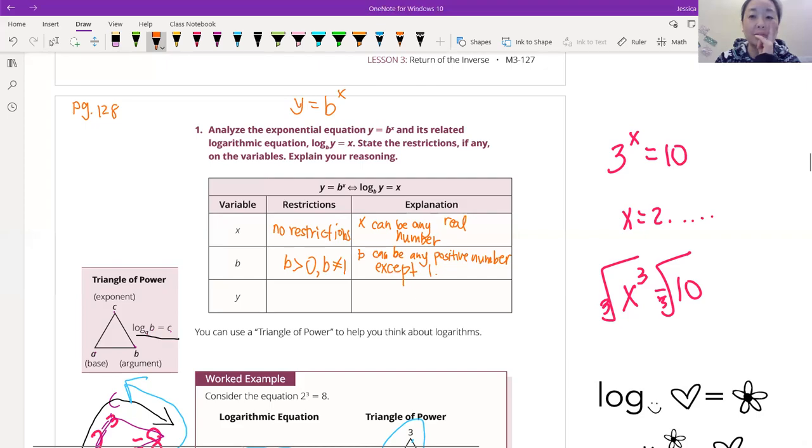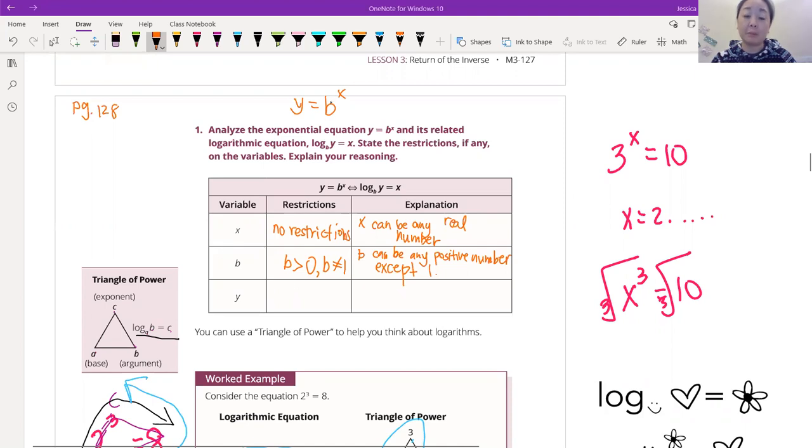Now, what about y? What can y be? This whole thing is always going to be positive. Remember, this is the basic, very pared down exponential equation. So b can be anything, it just can't be 0. Therefore y can't be 0, because the only way we're going to get 0 by multiplying is if one of the numbers is 0.